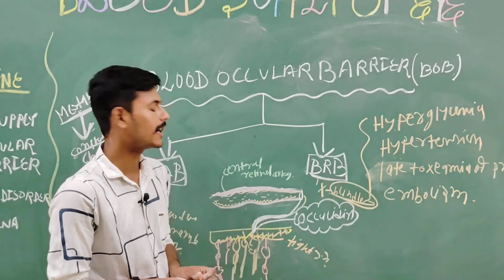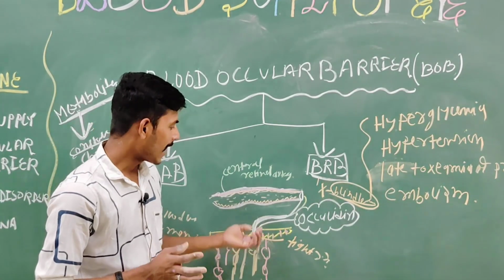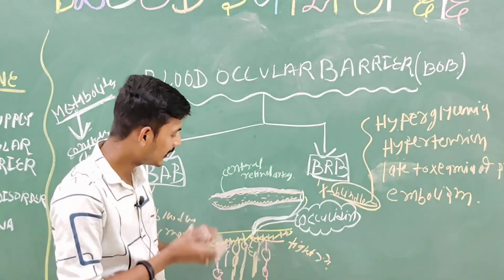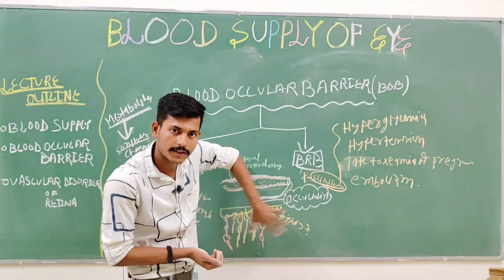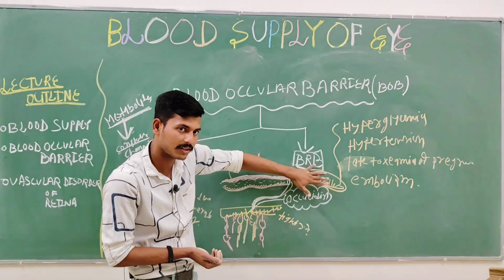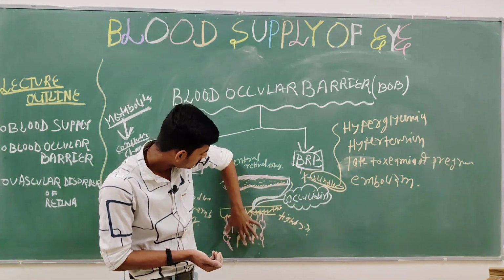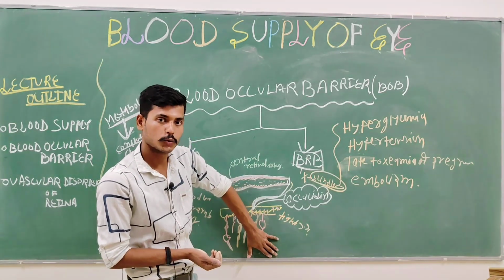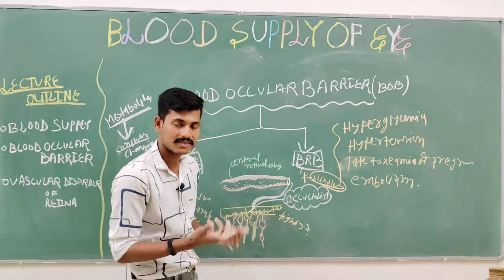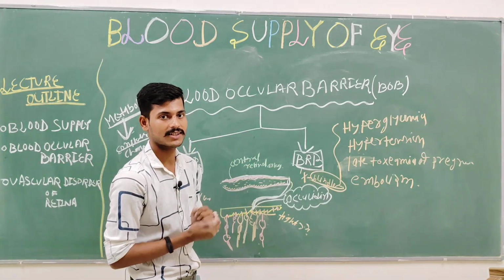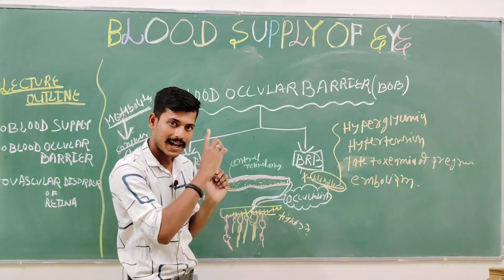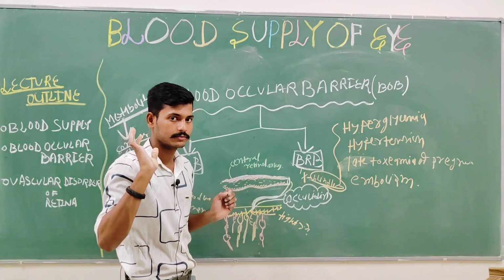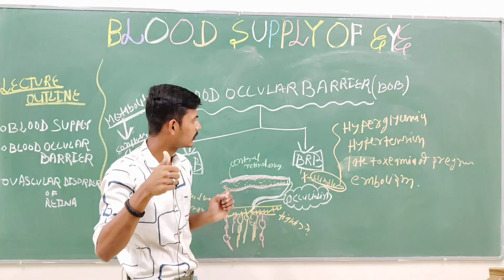The purpose of this barrier is to maintain the microenvironment of the retina so that retinal cells, especially the photoreceptor cells, work properly and transmit the photo signals accurately. Clear? No doubt? Shall we move ahead?